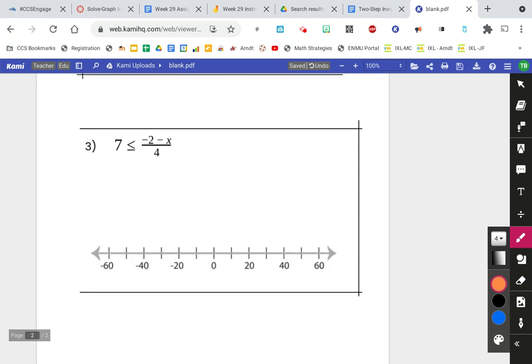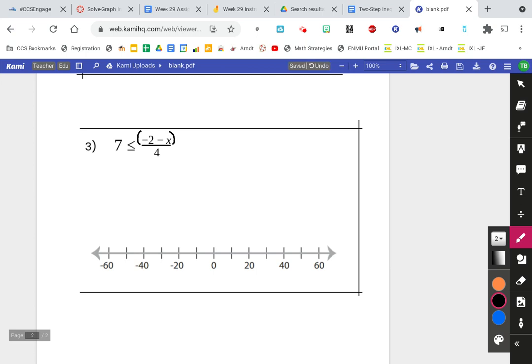Okay, let's look at our last example for the day. So our last example says 7 is less than or equal to negative 2 minus x divided by 4. So remember that this stuff up top is considered to be in grouping symbols.